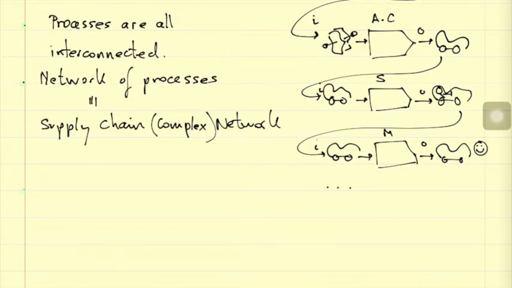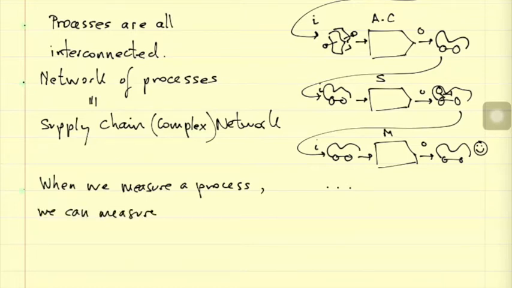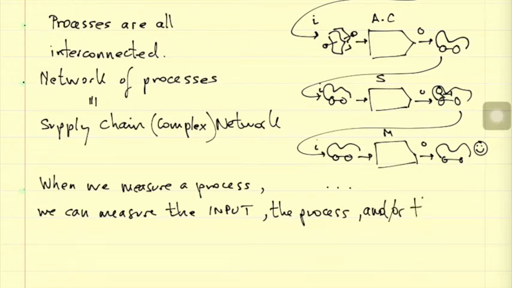So as we have seen already, this is just an introduction. When we measure a process, we can measure the input, the process itself, and/or the output.